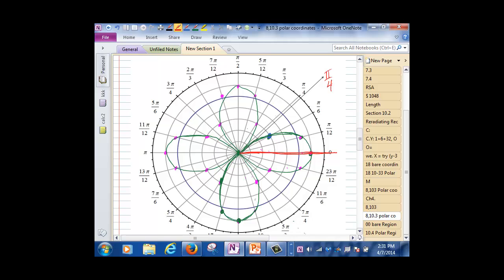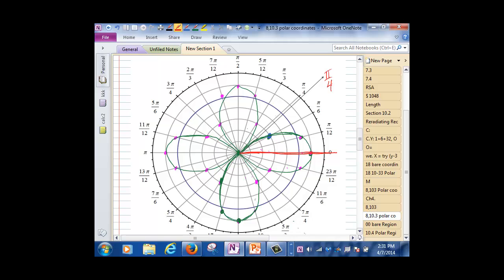The way you should pick your theta values is that you make sure you're sweeping out the region exactly once. So in this case, we are going to take it from 0 to pi over 4. I could have also picked negative pi over 4. You can check very easily that at negative pi over 4, you'll be here, and then at pi over 4, you come here. Okay?